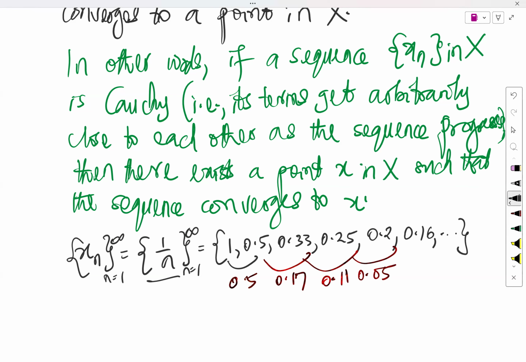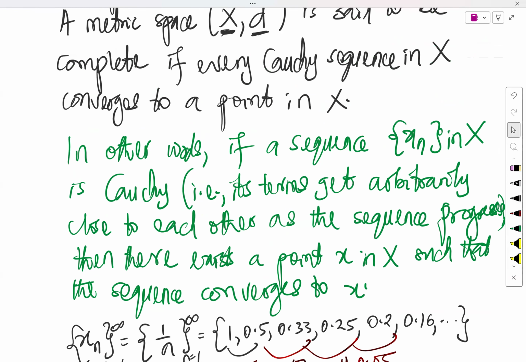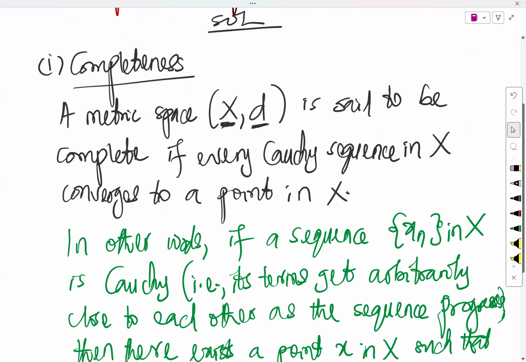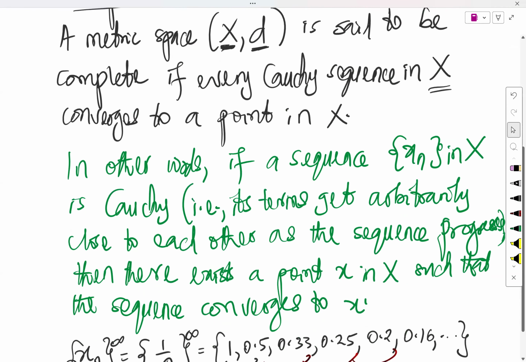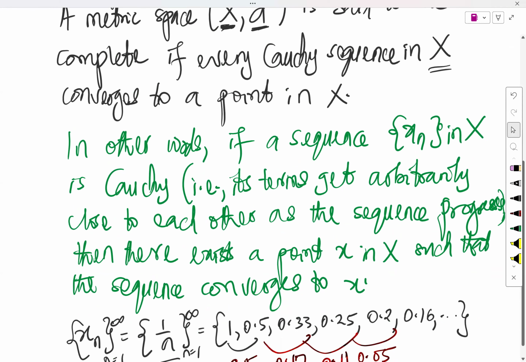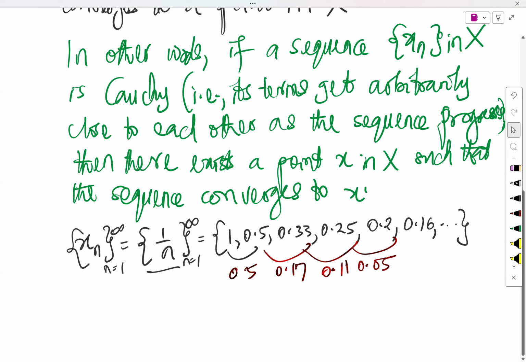That's what you need to know about completeness. A metric space (X, d) is said to be complete if every Cauchy sequence in X converges to a point in that X where you take it from.